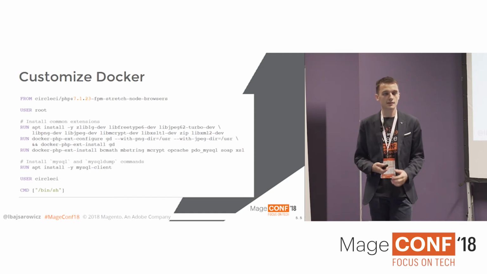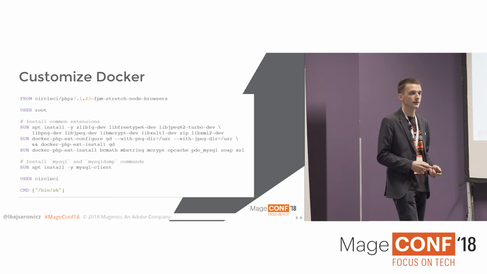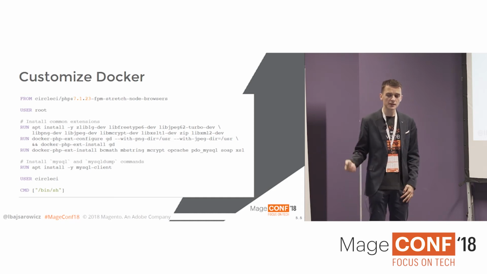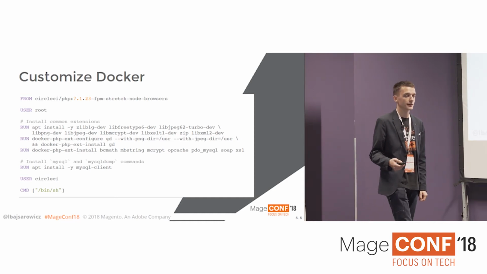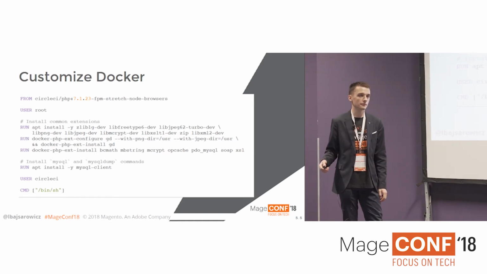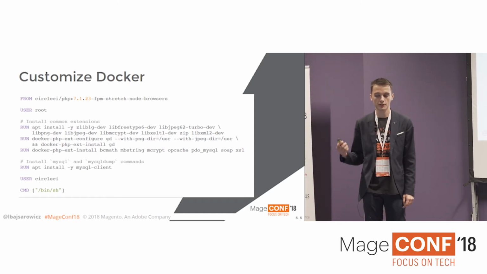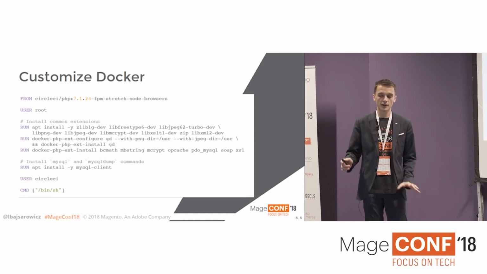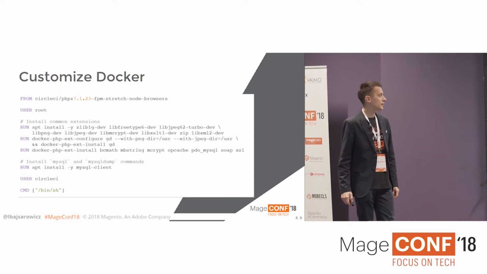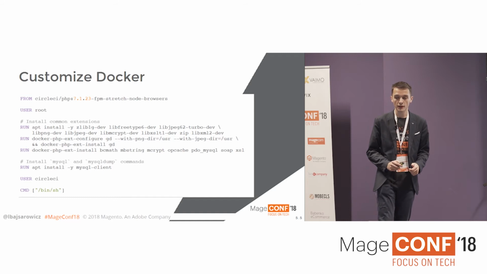I just extend this image, I add the libraries that are missing in the basic image from CircleCI, and then I install the MySQL client into the Docker image, because for later tests, Magento uses bash commands like mysqldump for integration tests. But for now, it's just something that you need. I share that on my GitHub, so later on I will just give you a link to it.